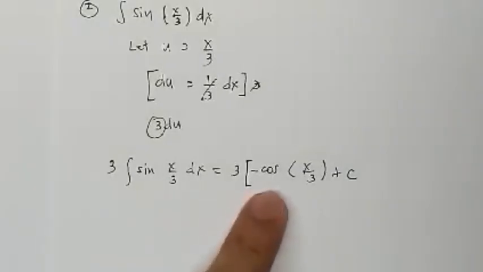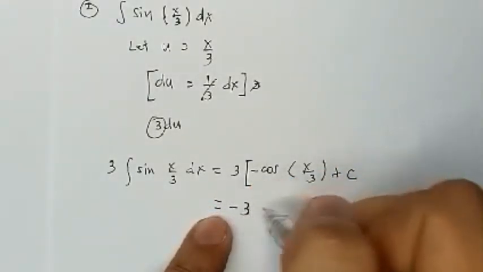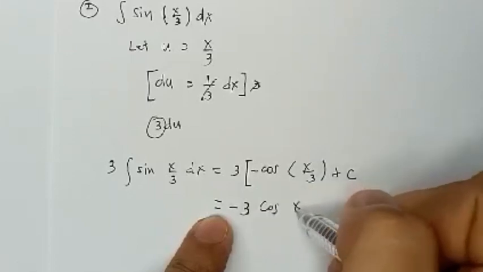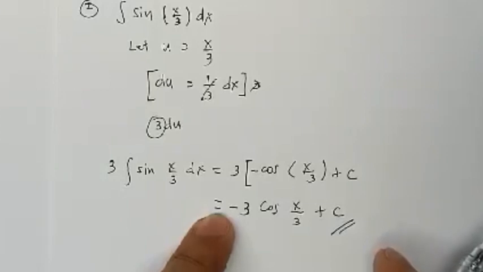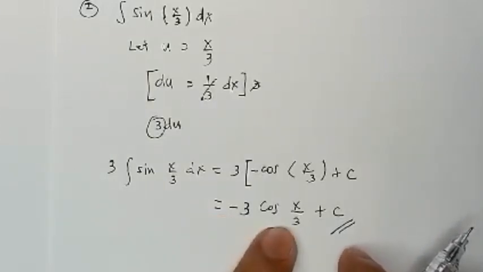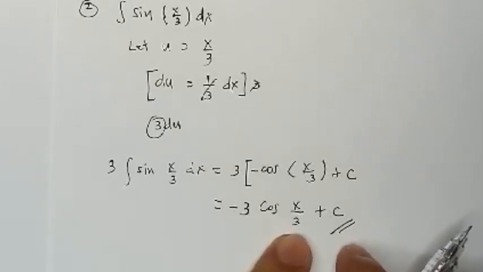Okay, as we simplify it further, we come up now with negative 3 cosine x over 3 plus c. This is now our integral of sine quantity x over 3 dx. We come up now with negative 3 cosine x over 3 plus c.